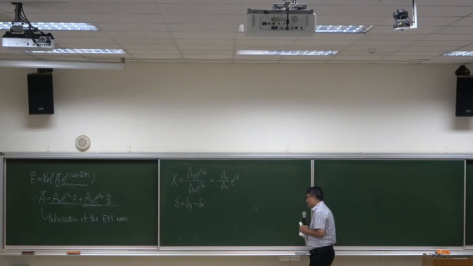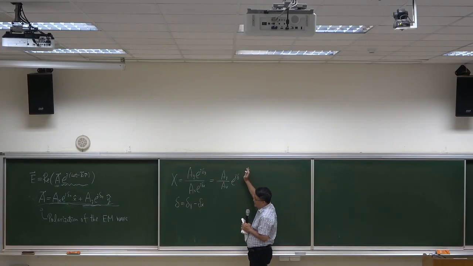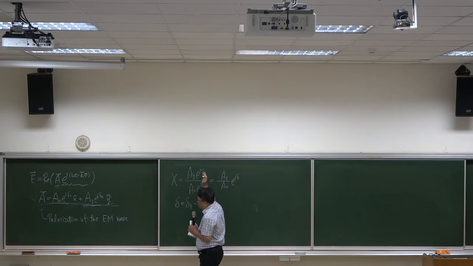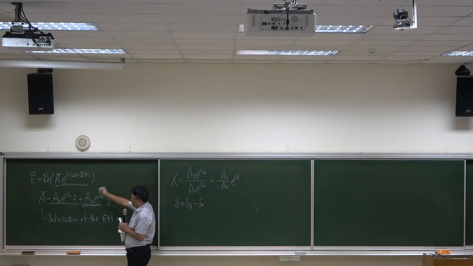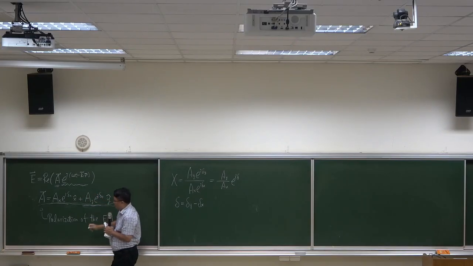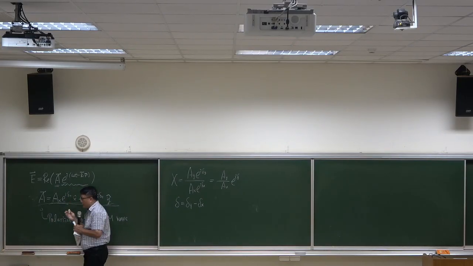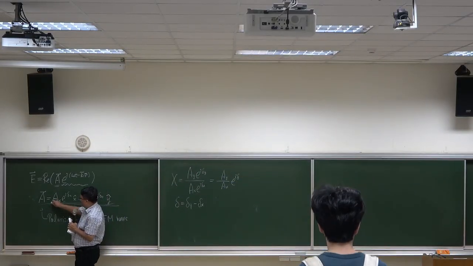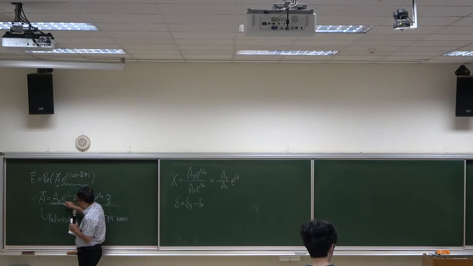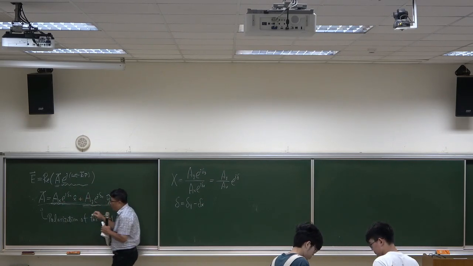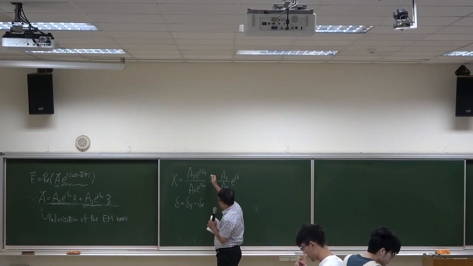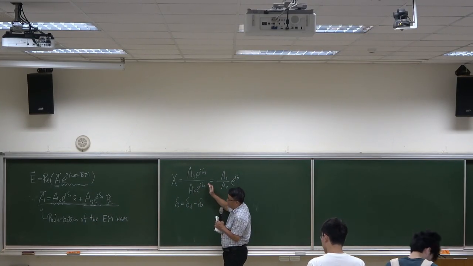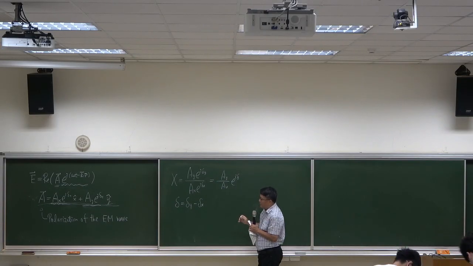So once we know this chi, we can write down the A. Only one thing uncertain. We do not know the exact value of A_x exponential i delta_x, but we know the ratio between the y component and the x component of the A vector.